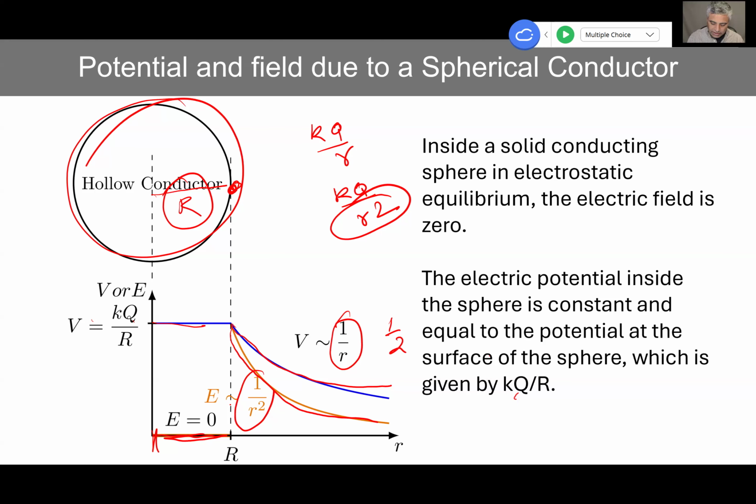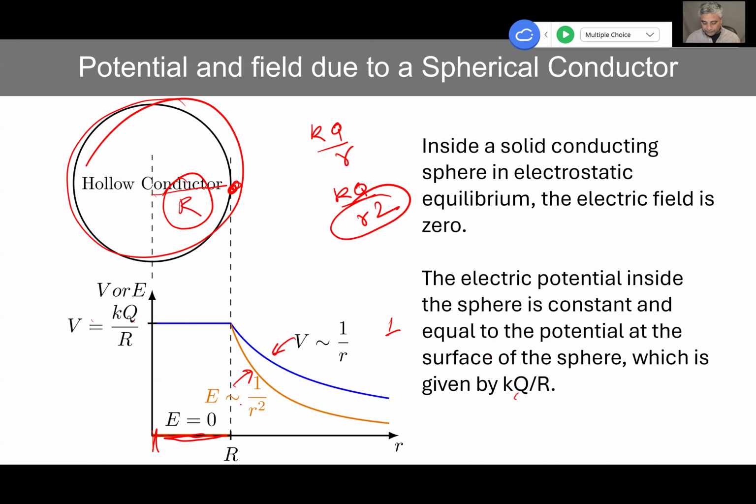If you double the distance, 1 over r square is a quarter. See how quickly it's decreasing. So field is decaying quicker than the potential. This blue line represents the potential, and this gold line represents the field.